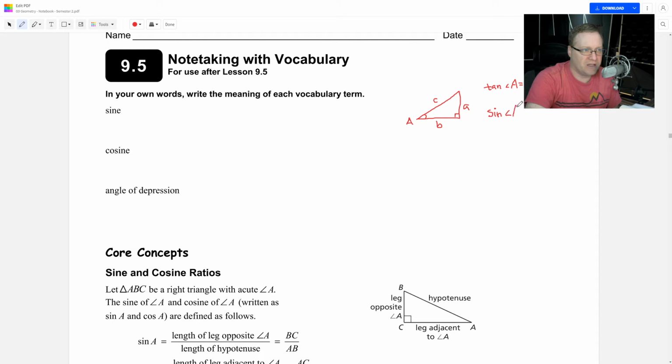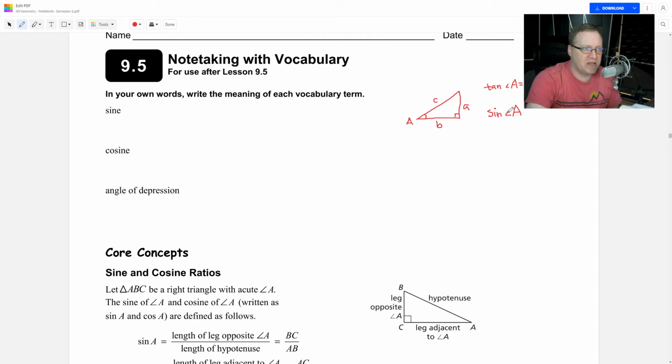So the sine of angle A, and it's spelled S-I-N-E, but when we write it short, we just write S-I-N, all right? Just like with tangent, we write T-A-N. For sine, we just write S-I-N.